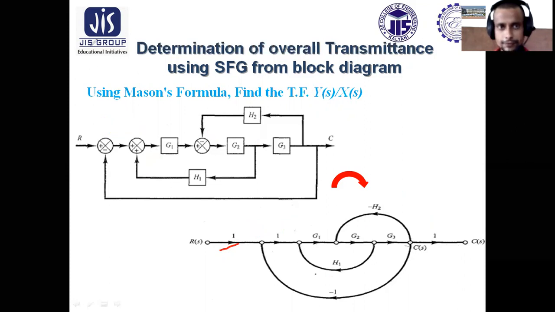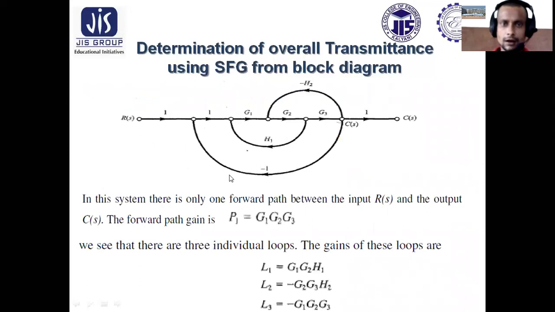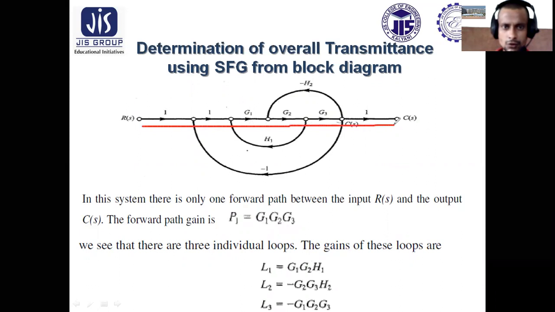Okay. So once this SFG is obtained, we'll apply Mason's gain formula. Now, what are the forward paths? This one is the only forward path.